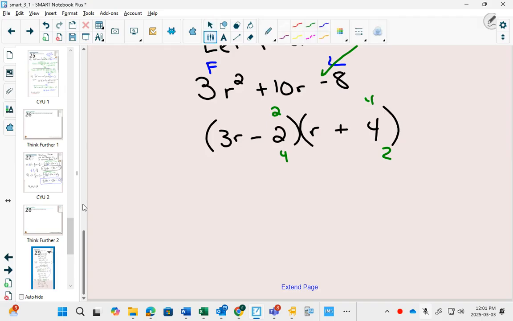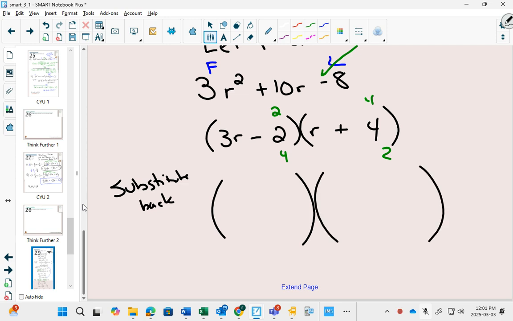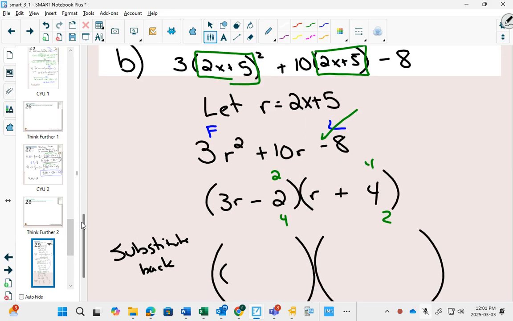And now we have to substitute back. This makes me happy, because this is one of the harder, trickier ones, because you have a possibility of picking one that seems to work, but doesn't. That's why it's really important to check in the end. But now when we substitute back, what did we make r? 2x + 5.